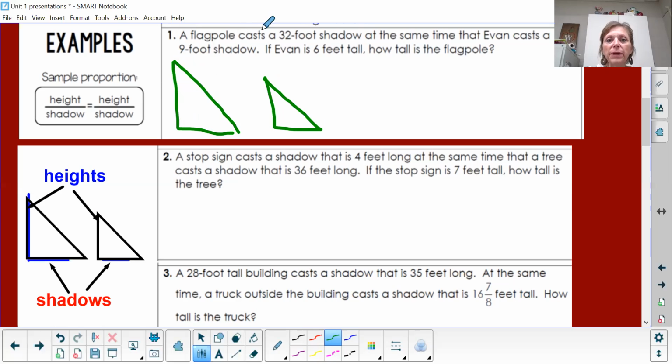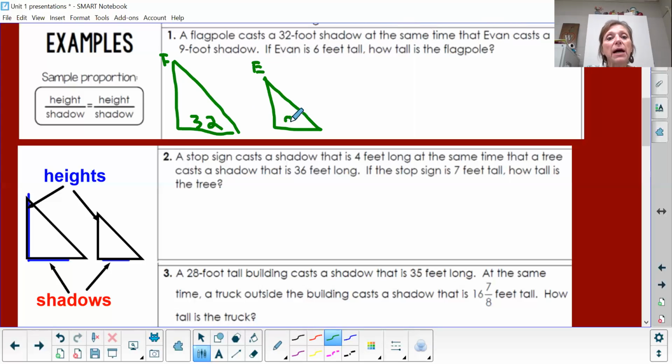A flagpole casts a 32-foot shadow. So I'm going to put a little F here for flagpole. Then I'm going to put 32 here, because it's the shadow. At the same time that Evan casts a shadow, put a little E here to represent Evan. His shadow is 9 foot.